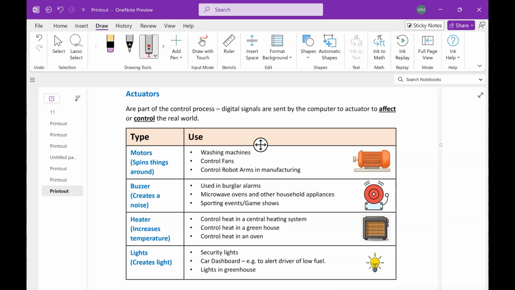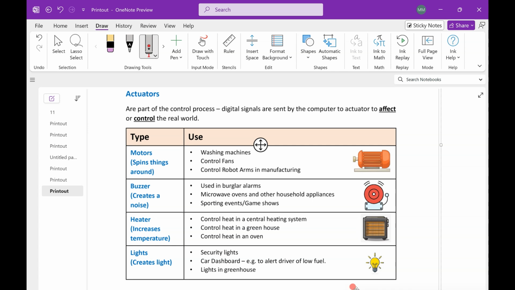Electricity will be converted into kinetic or mechanical energy. What about the buzzer? Electricity will be converted to sound, an alarm. What about the heater? Electrical energy will be converted to heat energy. What about the light bulb? Electricity will be converted to light.